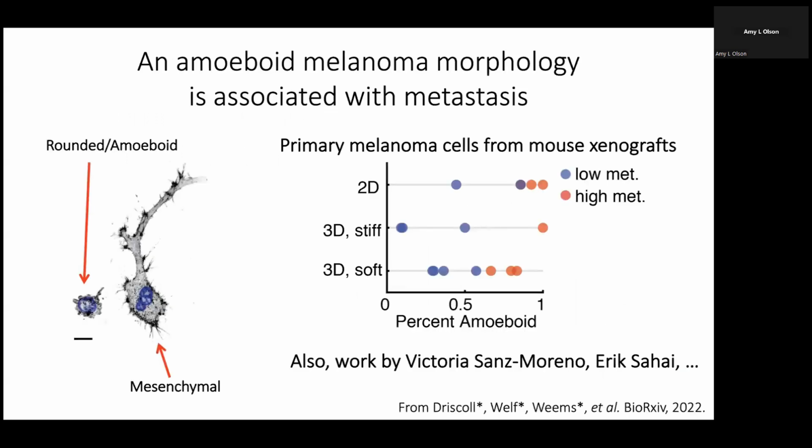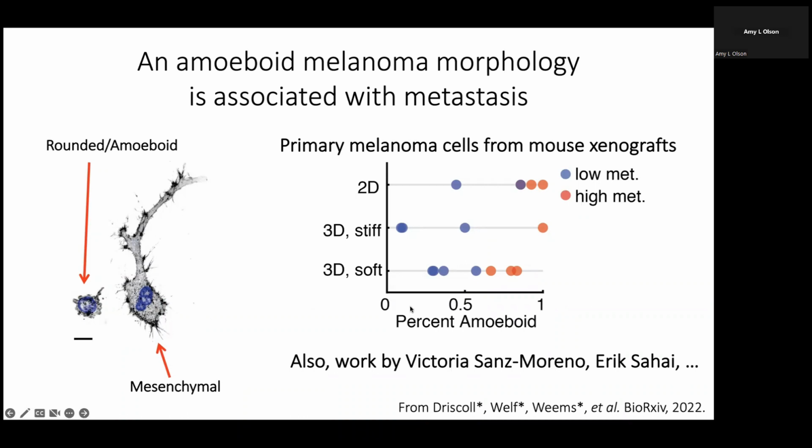And today I'm going to try and focus on a very particular problem, but we'll also think more broadly about how we understand how cell shape is regulated and how that affects cell function. Right, so we've known for a while that these rounded amoeboid melanoma cells are more associated with metastasis than these long branched melanoma cells that we call mesenchymal.